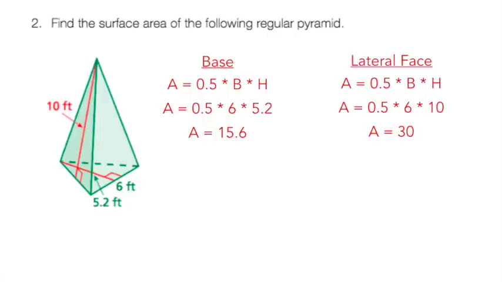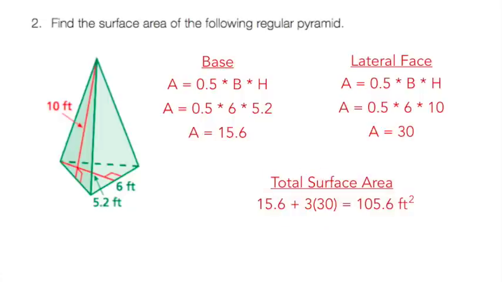And then there's 3 of them since it's a regular pyramid, so all 3 of them are going to be the same. So for the total surface area, it's our base of 15.6, and then we're going to add 3 of our lateral faces, which are 30 each. So that gives us a total surface area of 105.6 feet squared.